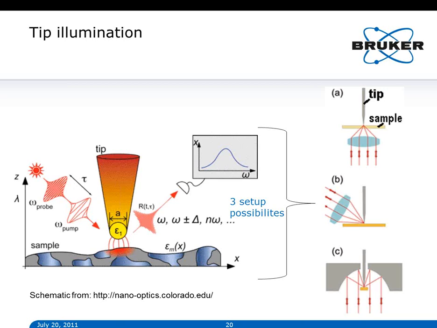The advantage is you can use high numerical aperture objectives to maximize the light collection here. Most samples, however, that we deal with are not transparent, they are opaque. And here we have possibilities B and C. B is a side-on illumination, where we illuminate the tip from the top at an angle.